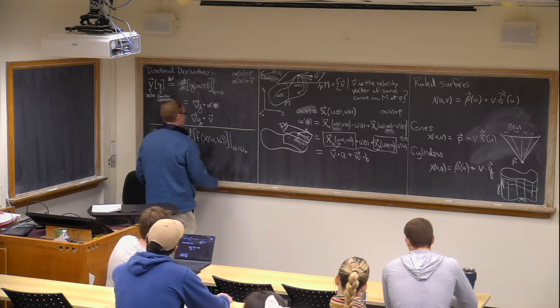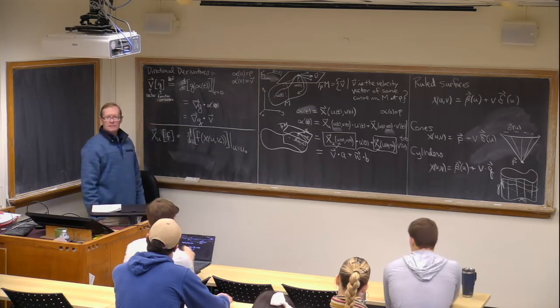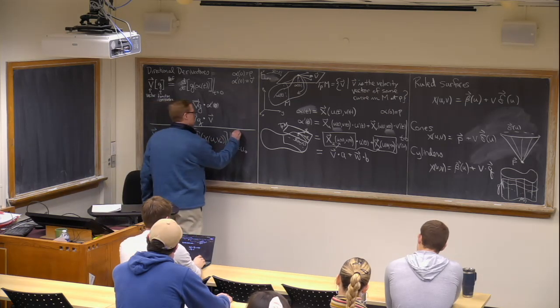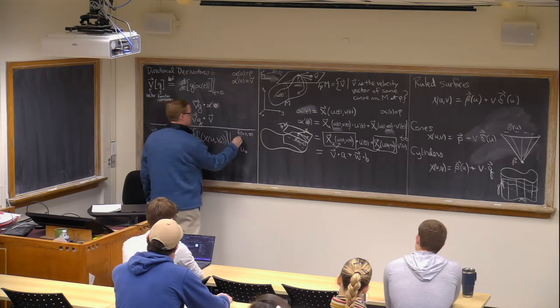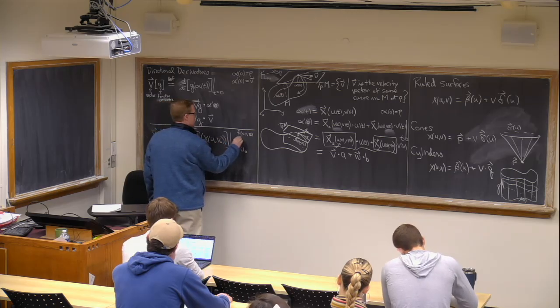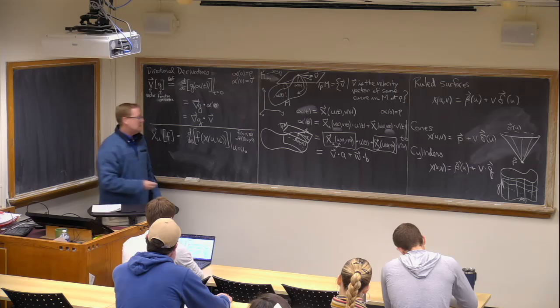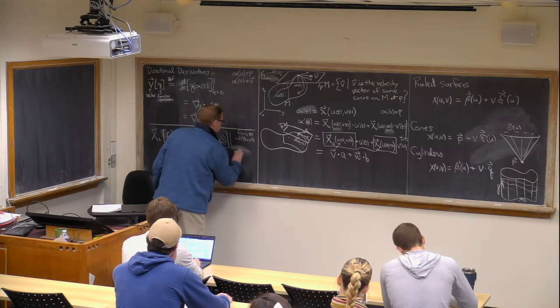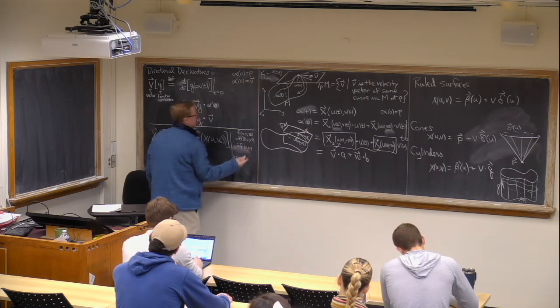Because f is a function of x, y, and z, but the point is x, y, and z are functions of u and v. So we can say this is equal to f of x of u comma v. Sometimes it's just convenient to write this as f of u comma v. It's handy dandy to do that sometimes.